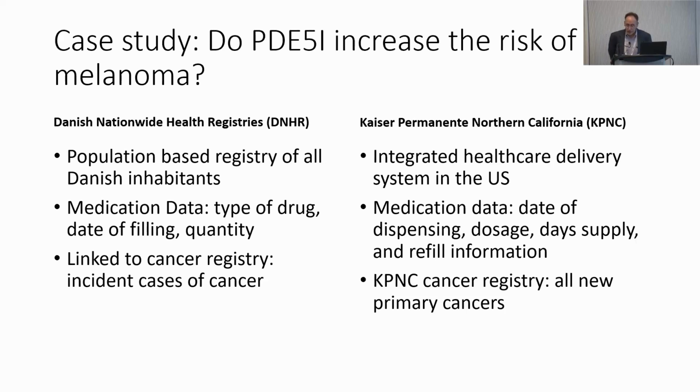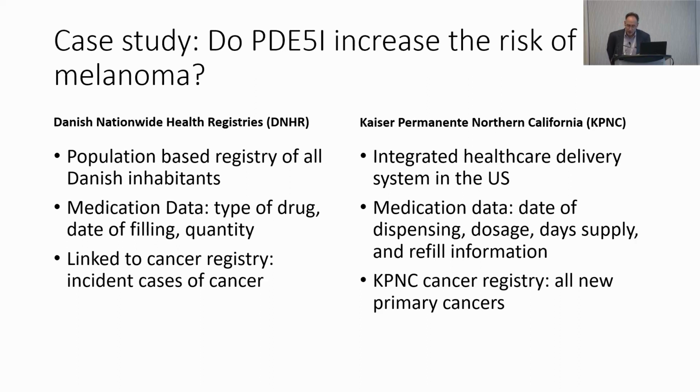For Kaiser Northern California, which is an integrated healthcare system in the US, this data is specifically from Northern California. We have medication data that includes the date of dispensing, the dosage, the day supply, and refill information. The cancer registry data includes diagnosis date, cancer site, histology, stage, and treatment. And these are both really good sources of data.